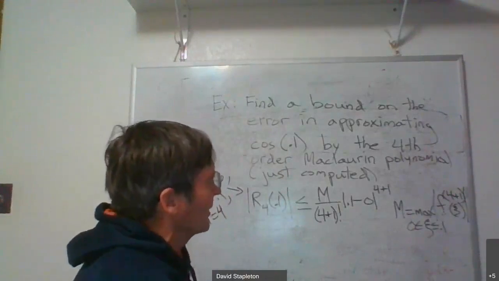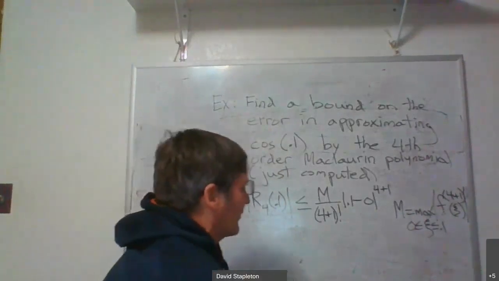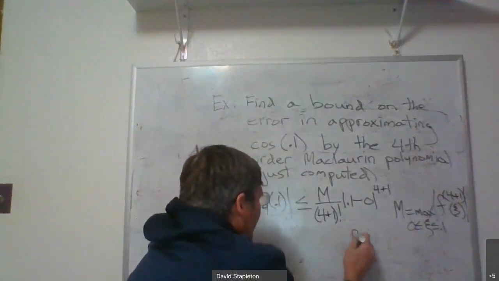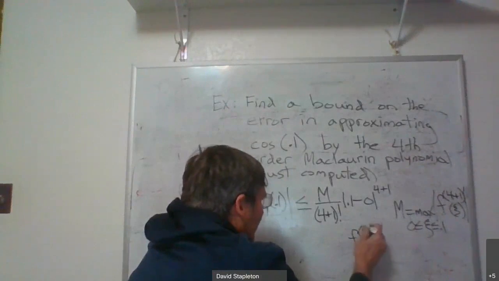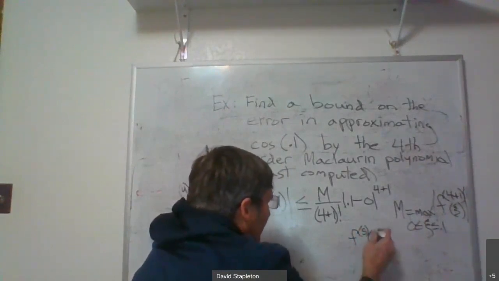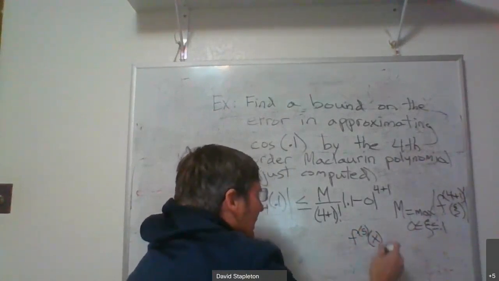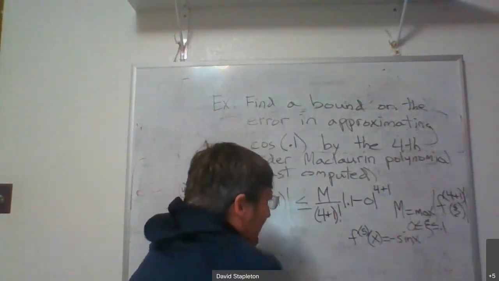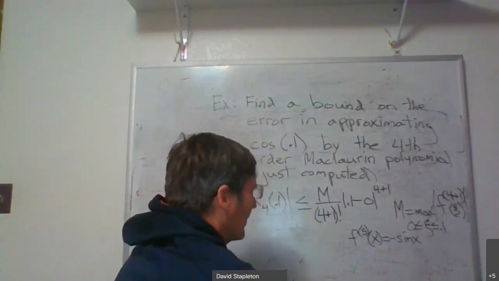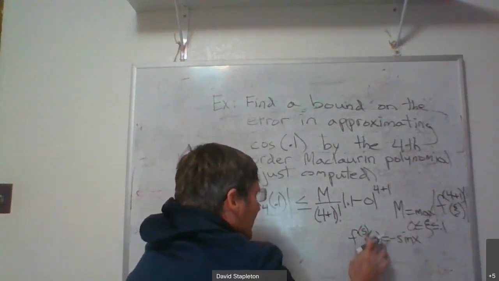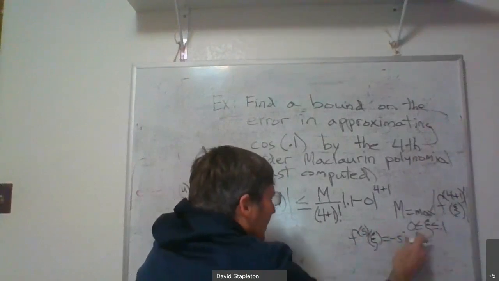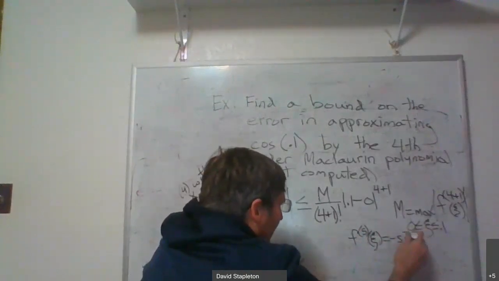So what's the maximum of the fifth derivative? Remember the fourth derivative goes back to the cosine. So the fifth derivative is the derivative of cosine, which is sine. If we just take 5 derivatives, that's what we get. We already computed 4. If I put c in here, I get sine of c.